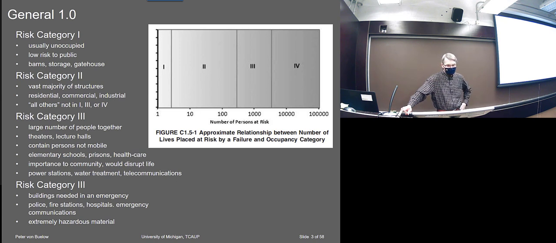They also put into that category what they consider extremely hazardous material. If it was a factory and it somehow failed, some horrible gas or something would be released. That would be in that category. So that's the first step, and that produces a factor that influences all the loads that we calculate.